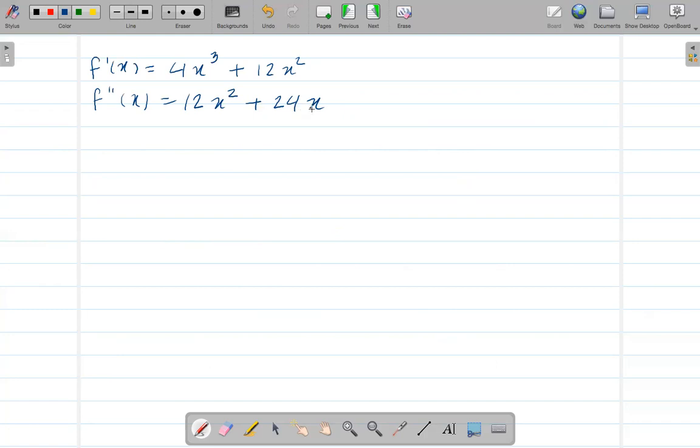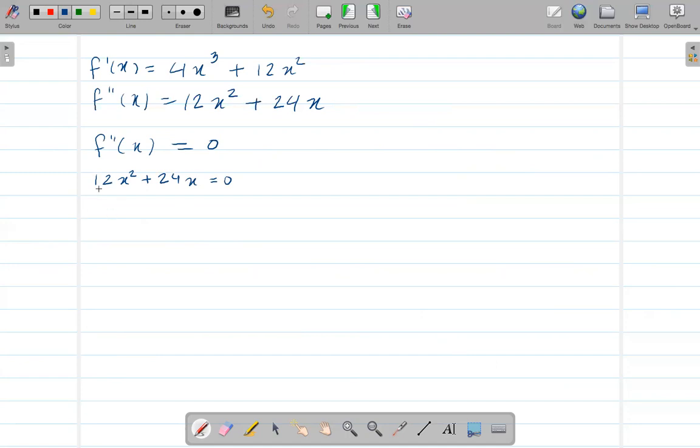Now, to find the inflection point, it's pretty similar to what we did for the critical number. Once you have the f double prime, again set this equal to 0. And f double prime is also this, right? So 12x squared plus 24x equals 0.